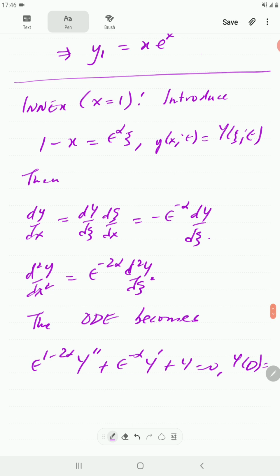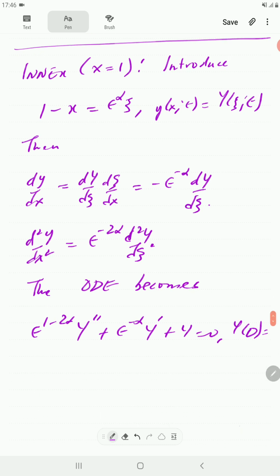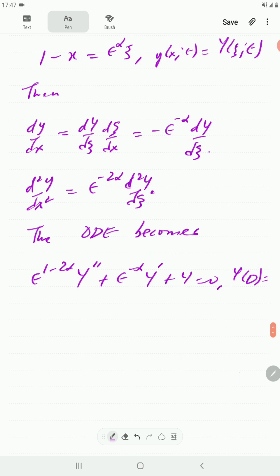Now when x equals 1, xi is equal to 0. So the condition is going to be Y equals 1 when xi is equal to 0. Again, the distinguished limit is obtained when alpha is equal to 1.